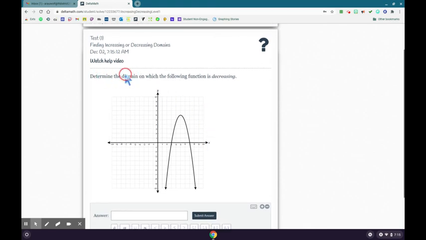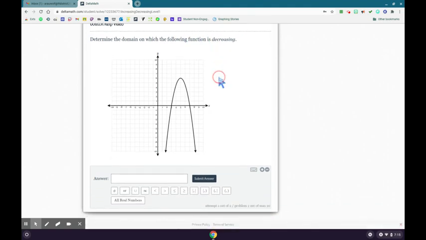So this one says determine the domain on which the following function is decreasing. Well, my graph starts decreasing right here at 5 and then decreases down forever because we have an arrow here. And that means it's decreasing forever going towards the right. Even though it's going down, it is also going to the right.